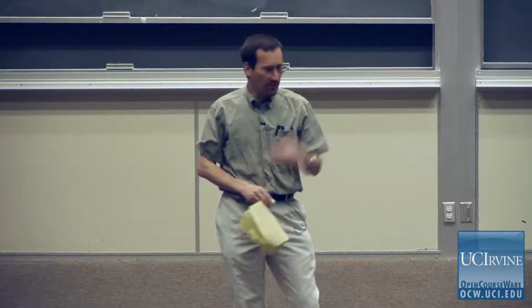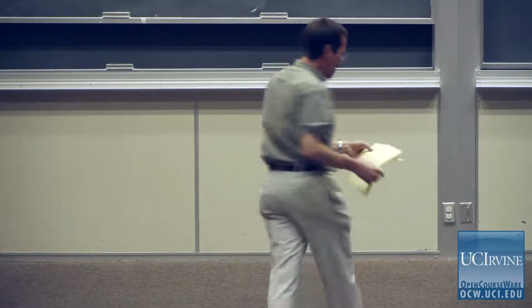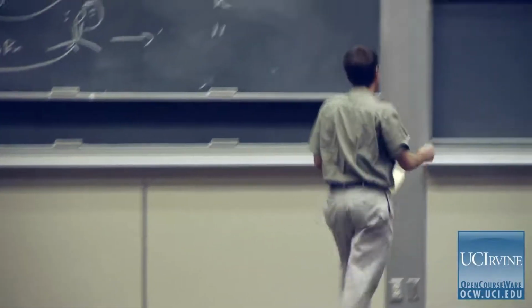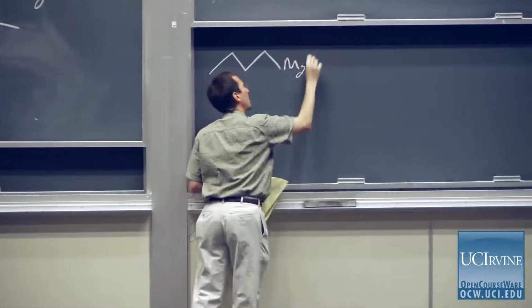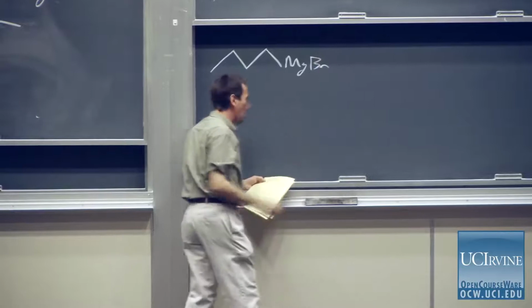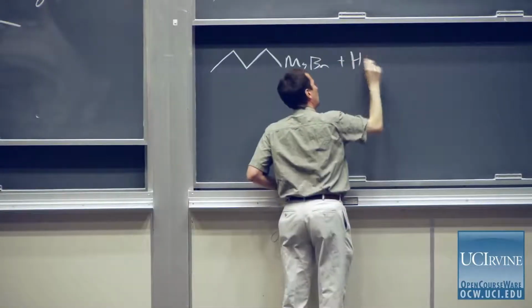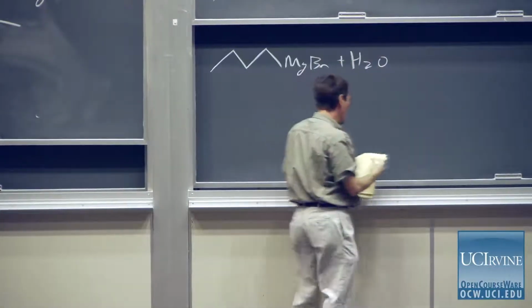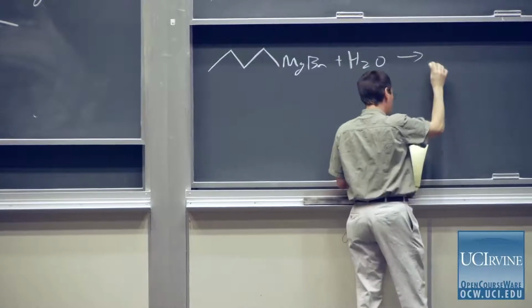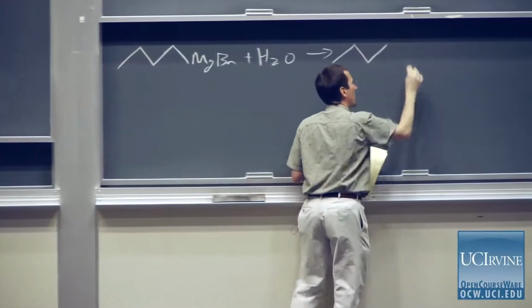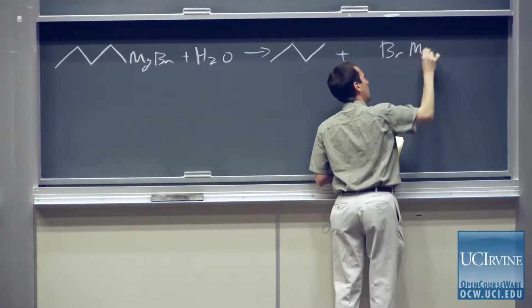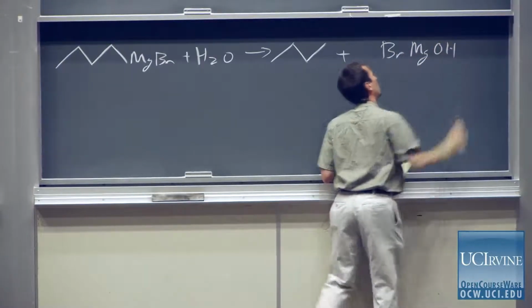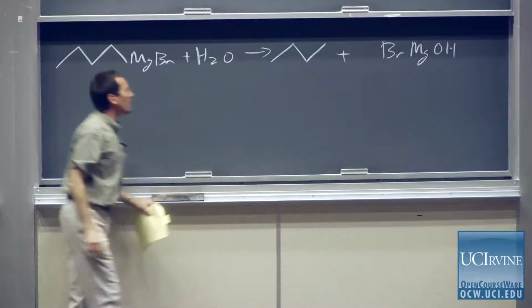A Grignard reagent acts as a base with water. And so if you expose a Grignard reagent like butyl magnesium bromide to water, the water acts like a Bronsted acid, and you get butane and bromomagnesium hydroxide, a mixed salt here.